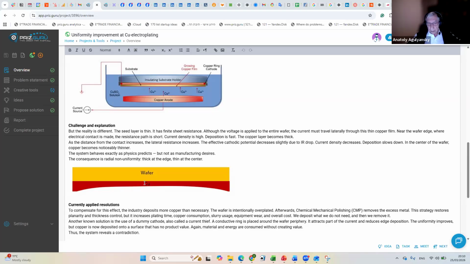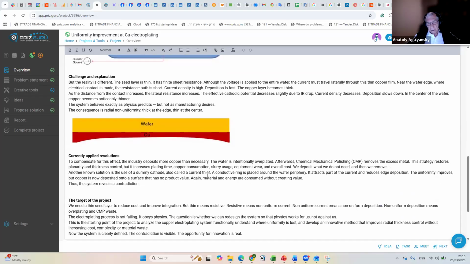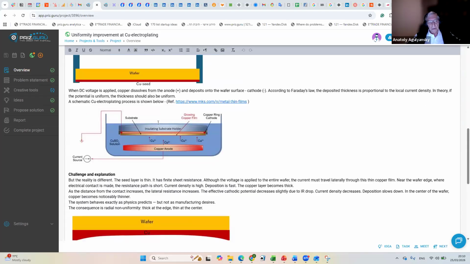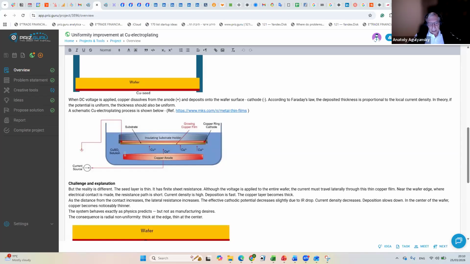And therefore, we need to create a very thick layer, and after that, remove everything we don't need. Why does it happen? Because of the resistivity of this seed layer, the voltage is lower here and high here, and current density is lower here, and current density is high here.